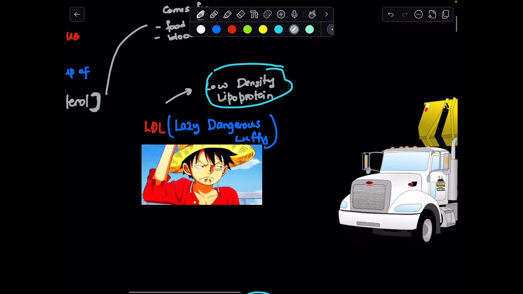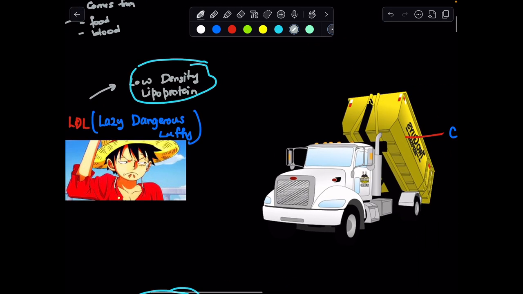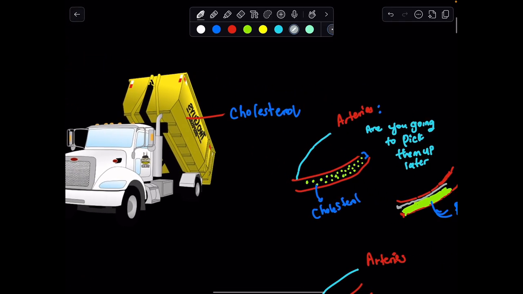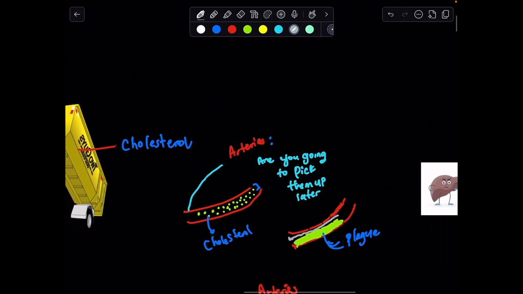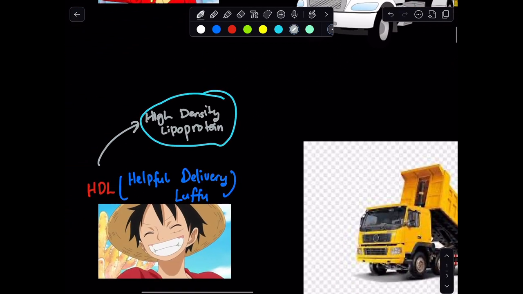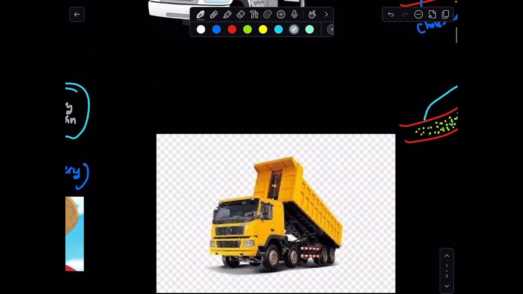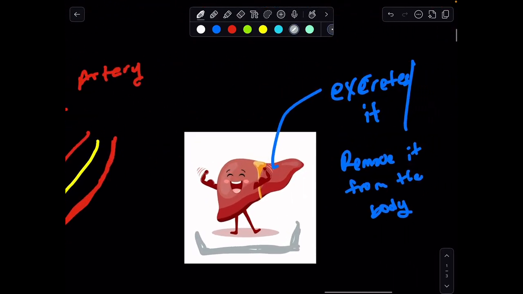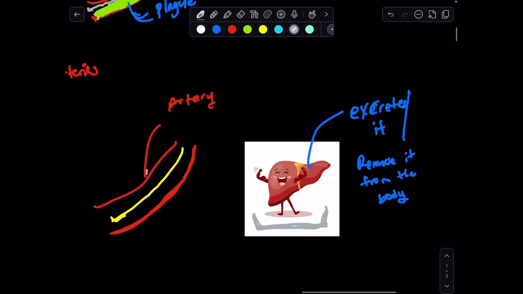Lazy dangerous Luffy carries the cholesterol that's already in the body to the artery and leaves it there, playing a role in plaque buildup. But helpful delivery Luffy picks up the cholesterol from the artery, takes it to the liver, and the liver does what? Excretes it or removes it from the body.